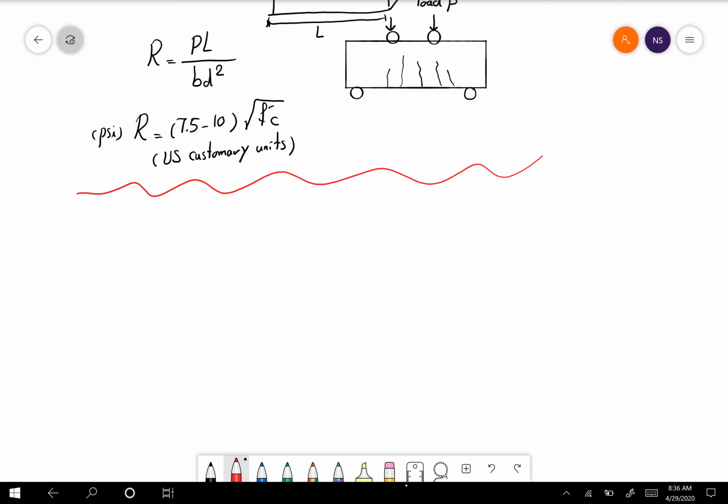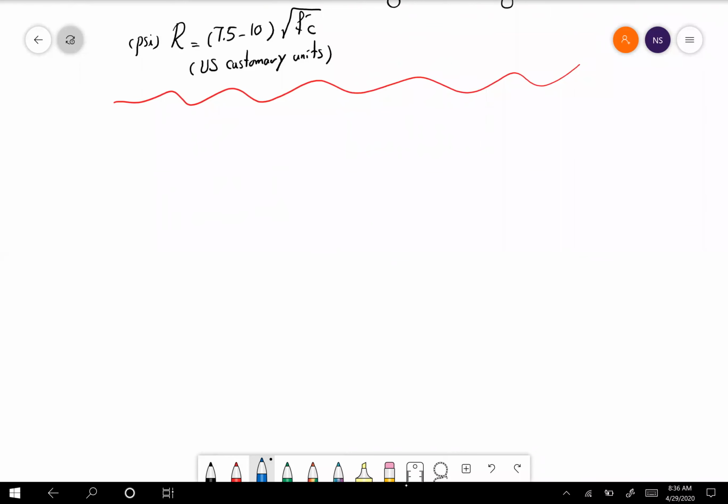Okay, so another type of popular concrete test is non-destructive testing.